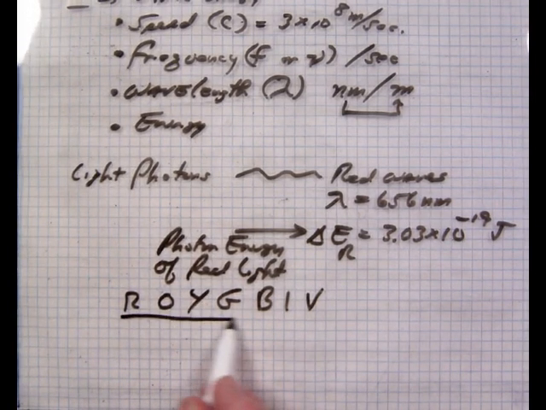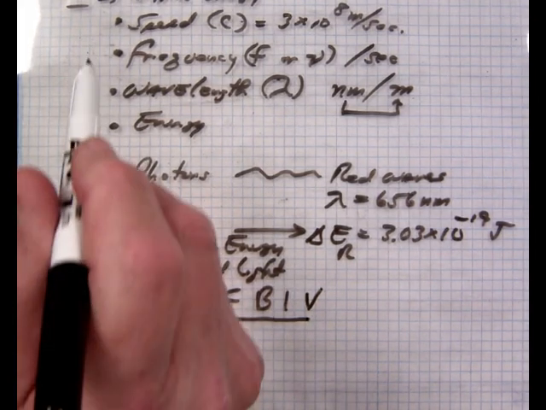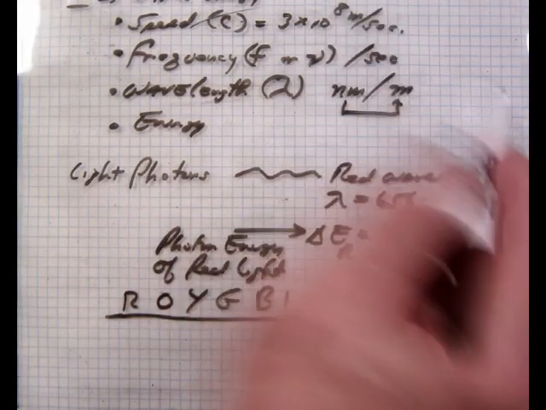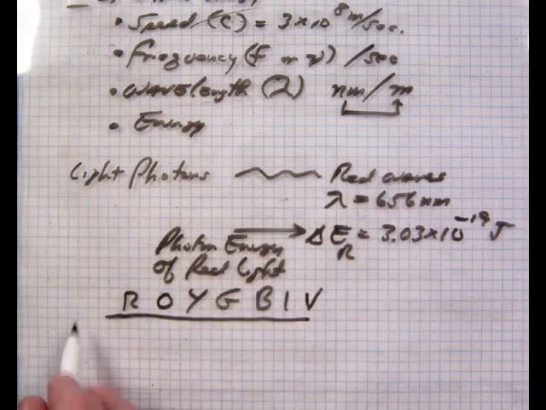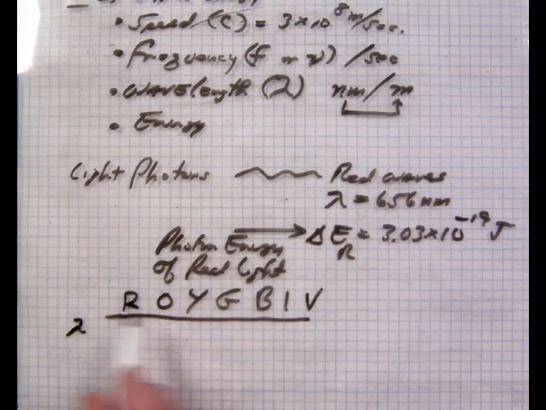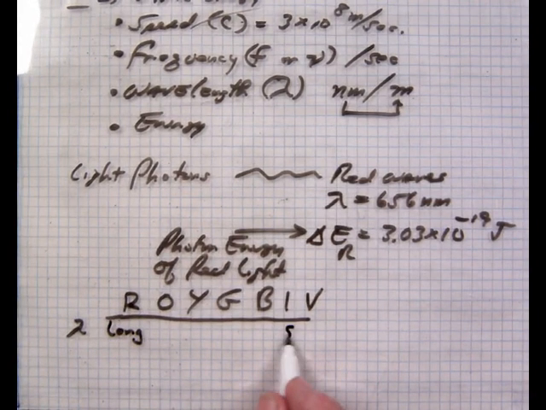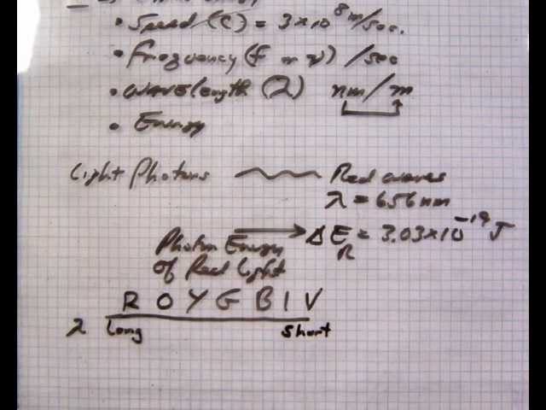So what can we say about frequency, wavelength, and energy? The speeds are all the same. Let's talk about wavelength first. The red end is long, and the violet end is short wavelengths, so they decrease as you go from red to violet.